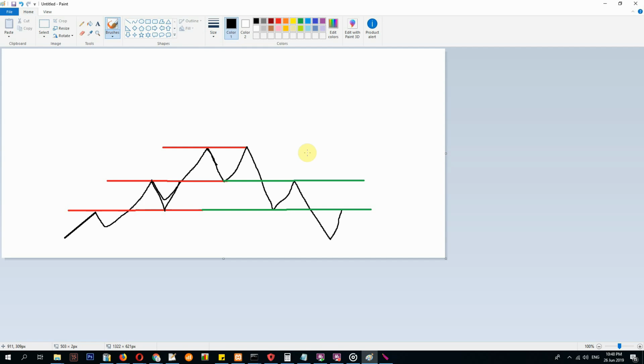In the earlier case, with impulse and retracement, impulse and retracement, you can draw a support using a trend line.